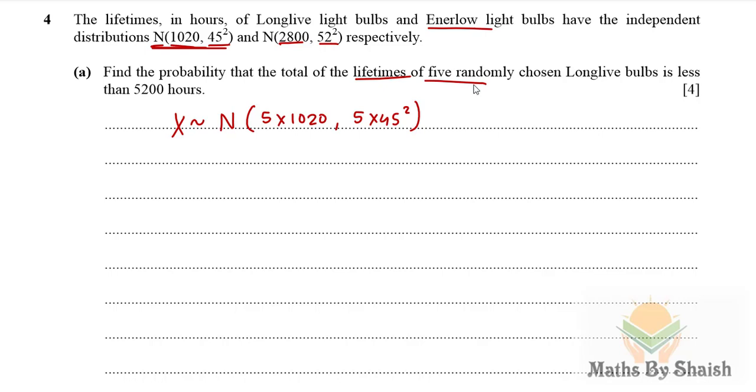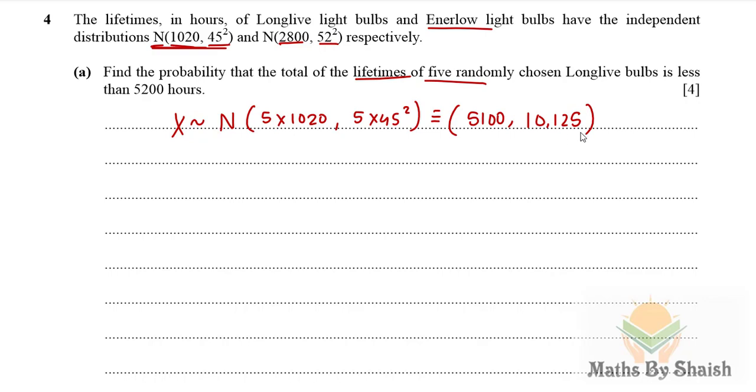We are not multiplying by 5 squared here because it's 5 observations, not 5 times one observation. So it is 5 times 1020, which is 5100, and 5 times 45², which is 2025 times 5, so it becomes 10,125.